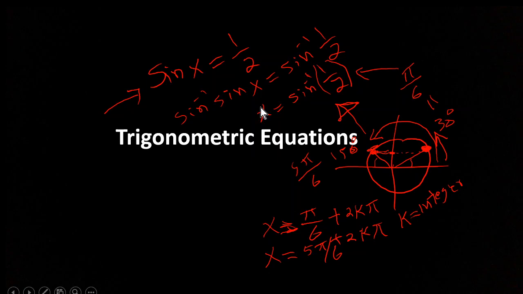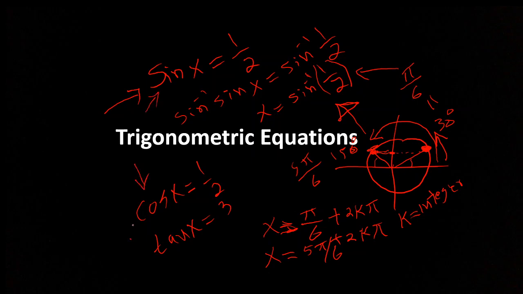So that's a very simple trigonometric equation. You could have actually cosine equal to something, maybe 1/2. You could have tangent equal to some number. Now these 3 really, that's all we need, because the other 3 are reciprocal.